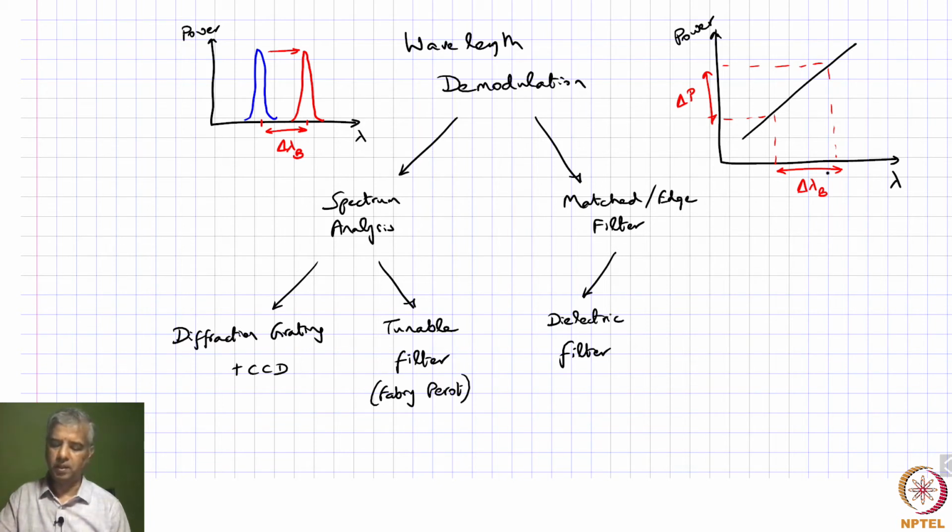So, if there is any change in wavelength, there will be a corresponding change in the transmittance. You can design a dielectric filter like that, or you can use another fiber Bragg grating itself. You can even use an FBG as a filter, and we will look into a little more detail in a few minutes.